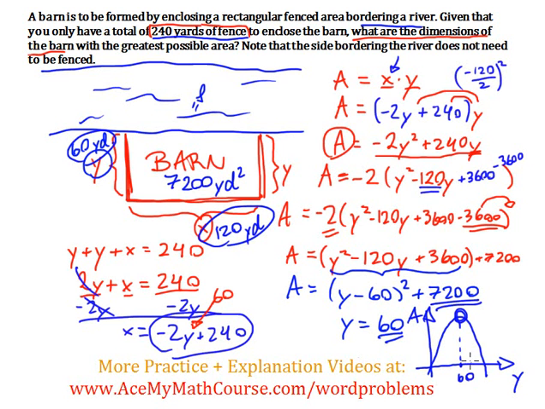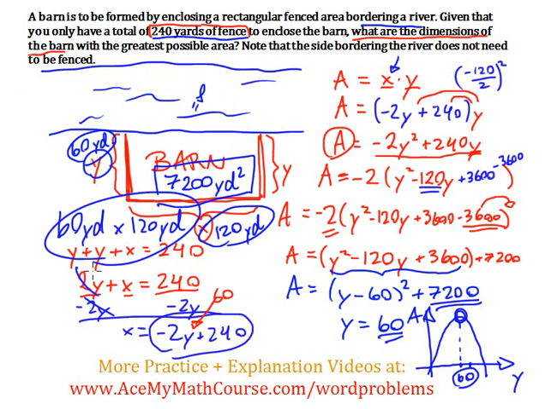If I pick 61 for y, we're going to have a smaller area, 62. Any other value other than 60 for y will give us a smaller area for the barn. So that is what we wanted, 7,200 squared yards of barn. Voila, so the dimensions are 60 yards by 120 yards. And we're done.